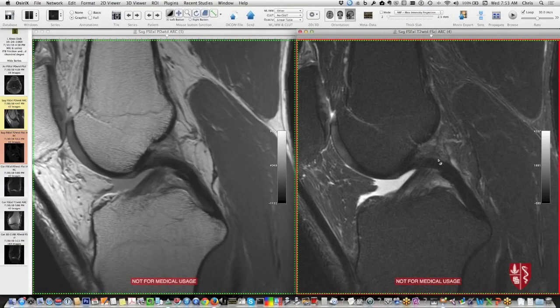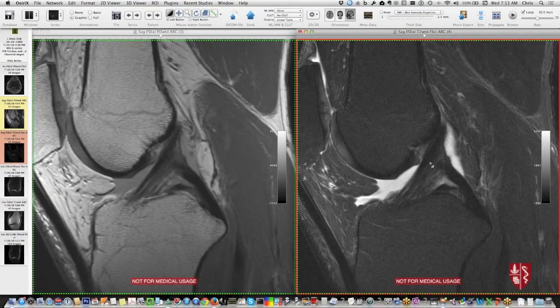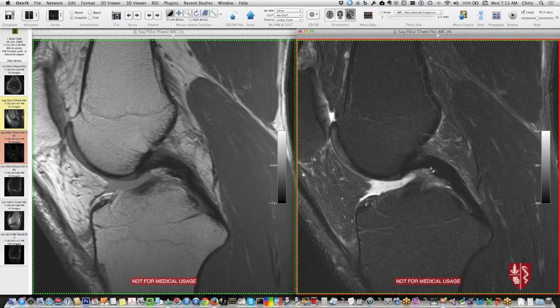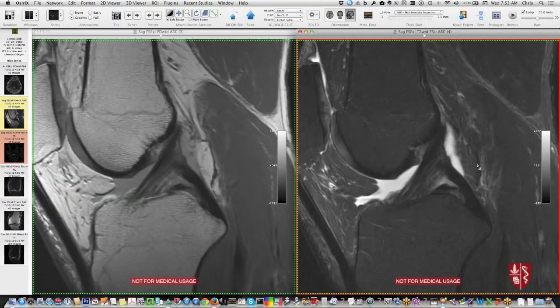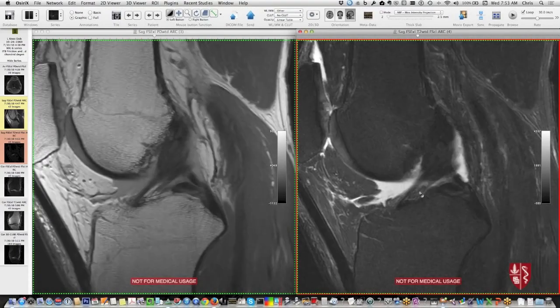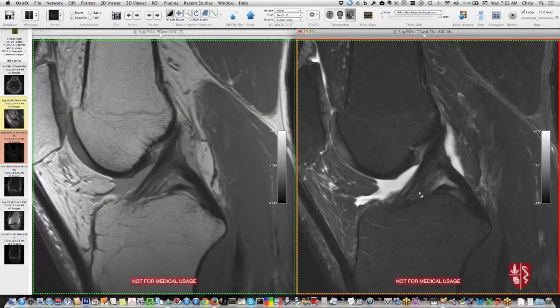Having said that, the ACL is allowed to have more intrinsic signal in it than the PCL. The PCL here is typically very black and dark because it's a thicker, more robust ligament, much less likely to tear than the ACL. And you may see fluid, a little bit of signal within the ACL between the two bundles, but as long as you see intact fibers and it's only a minimal amount of signal, that's normal.